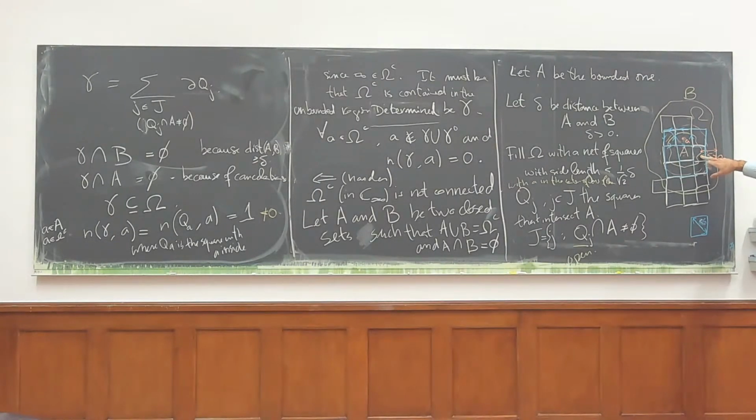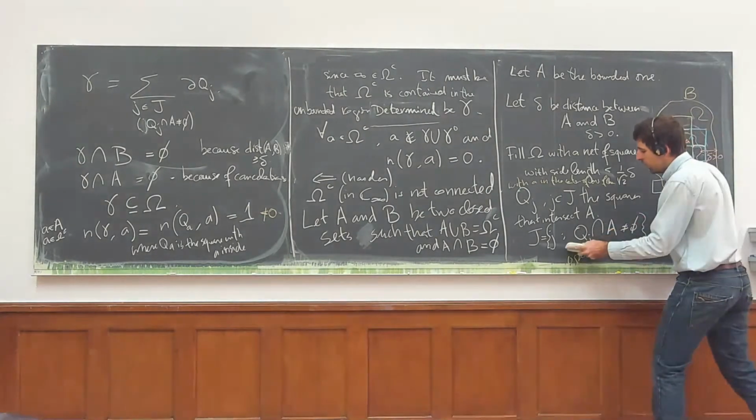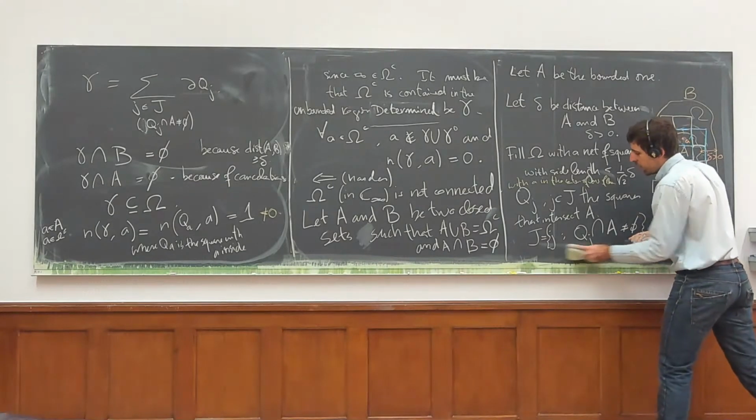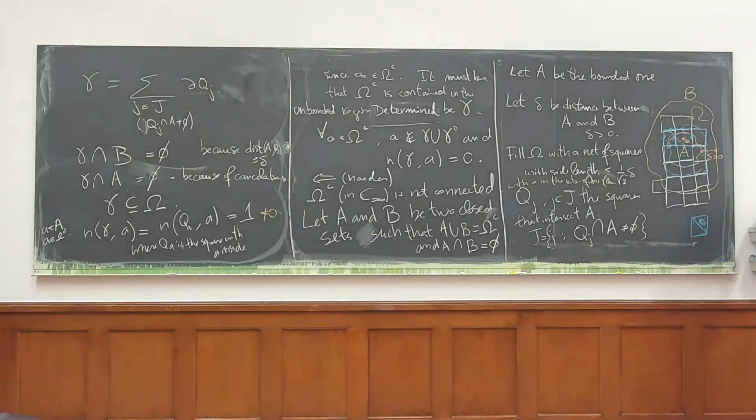Let me think. Okay, yeah, this shouldn't be open. This should be the closed square. You're right. So this is a net of squares, and Q_j is the closed square.